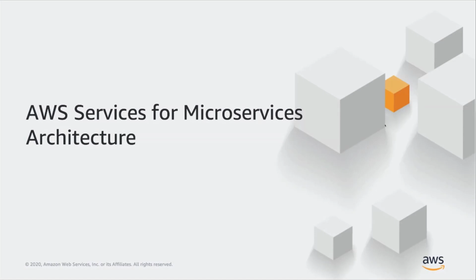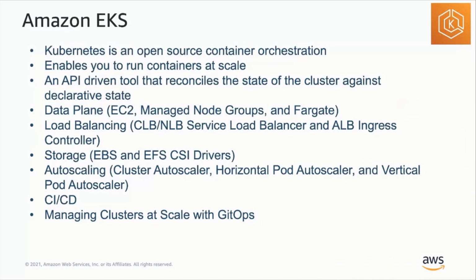For the next few slides, let's look at the AWS services that we are using in this architecture. To begin with, let's talk about Amazon EKS, which is Amazon Elastic Container Service for Kubernetes. To understand that, let's spend a few minutes talking about Kubernetes itself.